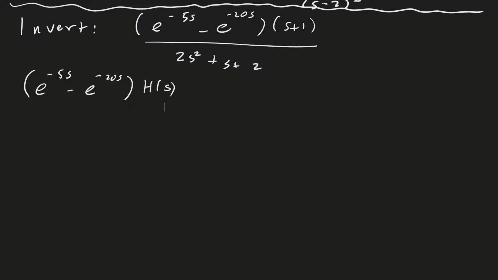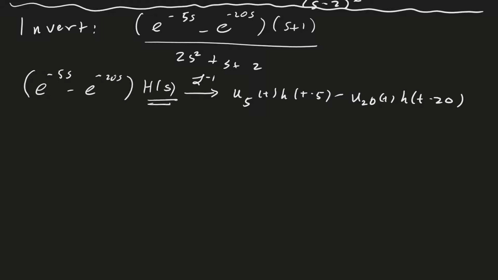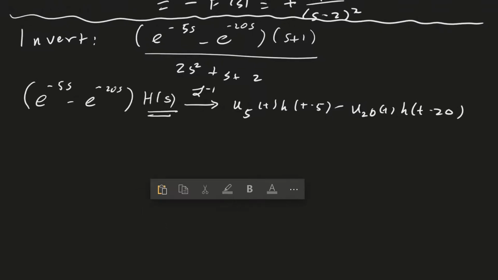Because if we think about it that way, then the inverse Laplace transform is just going to be u_5(t) times h(t - 5) minus u_20(t) times h(t - 20). So this big mess just reduces to inverting H(s). Let's go ahead and do that.